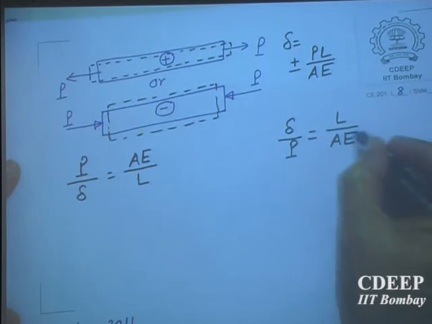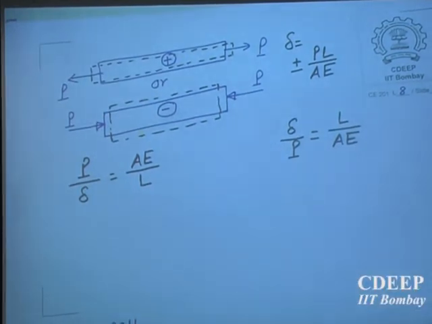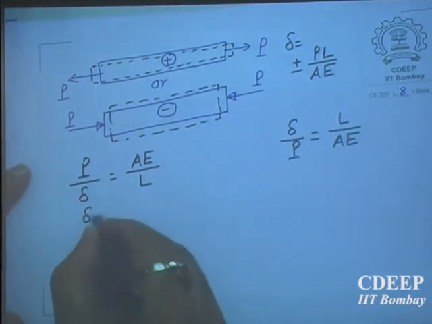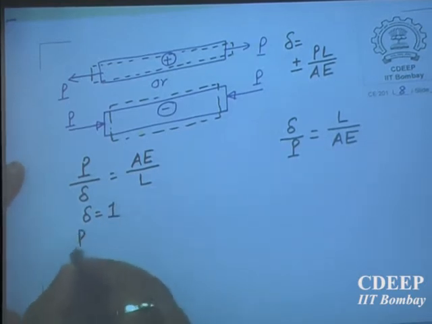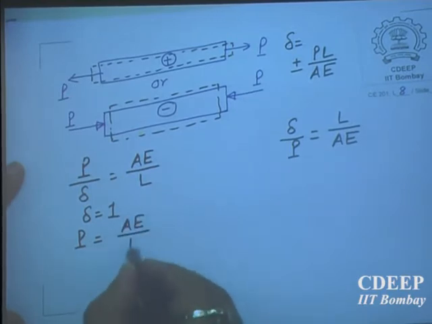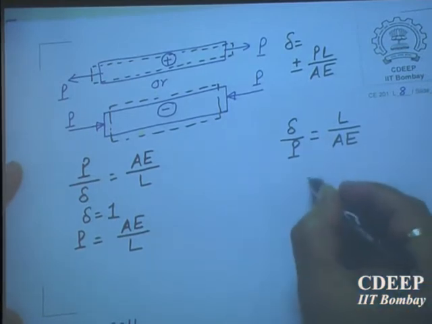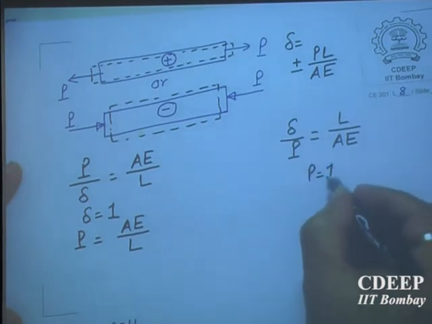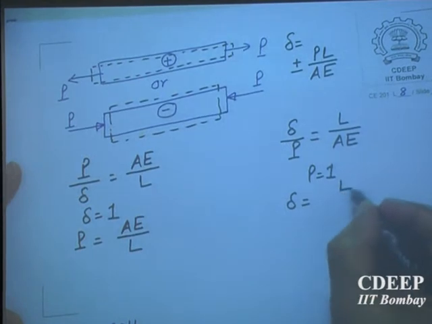Now I define two quantities which are again very important. You must have this idea. If delta equals unit, then P is equal to AE by L. And if P is equal to unit, if I apply a unit force, then delta is equal to L by AE.